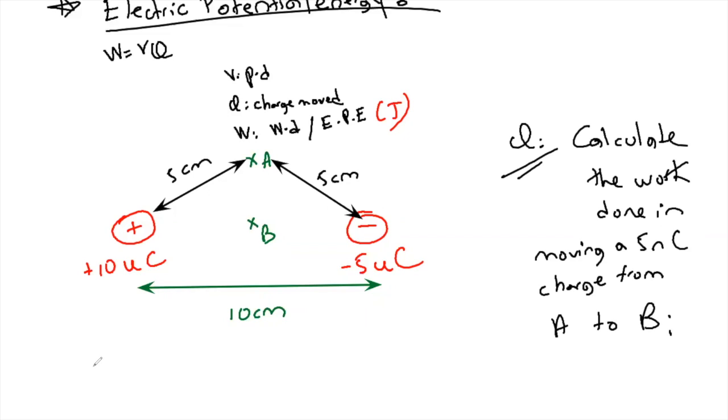Solve this question. So we're moving this little charge of 5 nanocoulombs from A to B, and they're asking you the work done. You have the formulas, and we've done a lot of formulas before this. You can solve it.